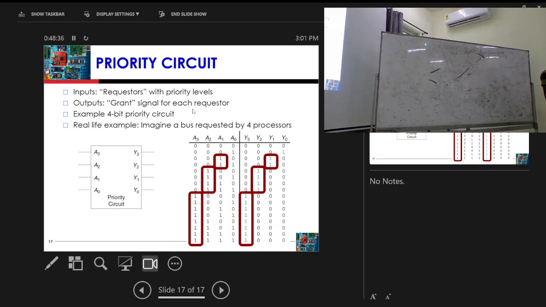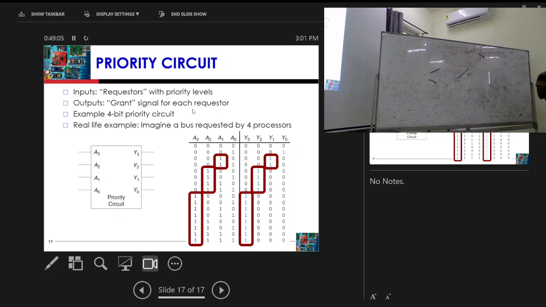So we don't need any logic gate at all. Direct line to Y3. If A3 is 0, Y3 is 0. If A3 is 1, Y3 is 1. You are done with it. Easy, right? Now we go to the next one, Y2.